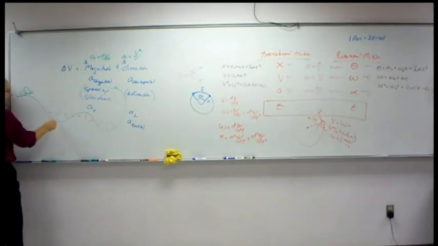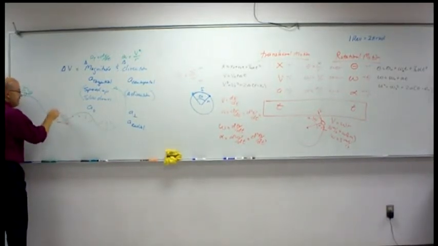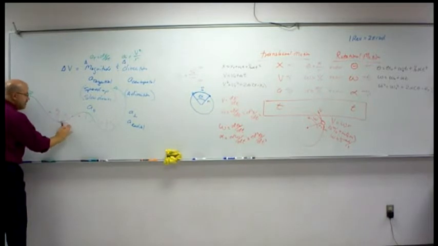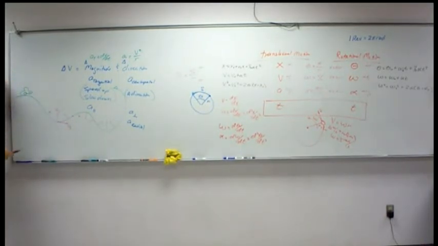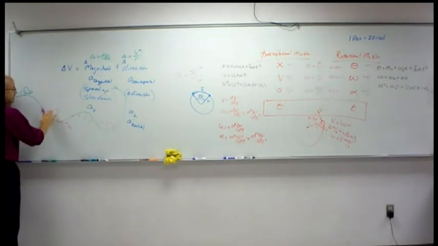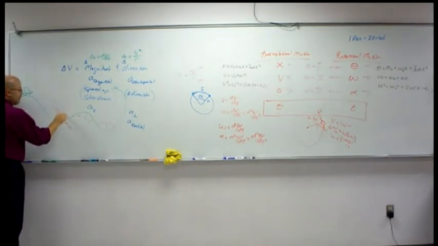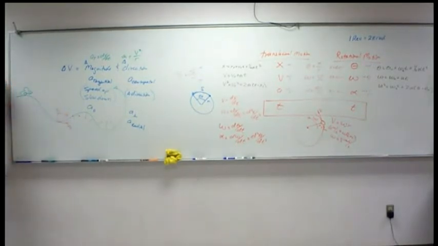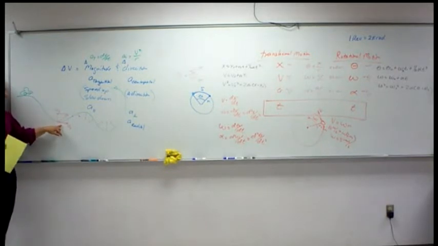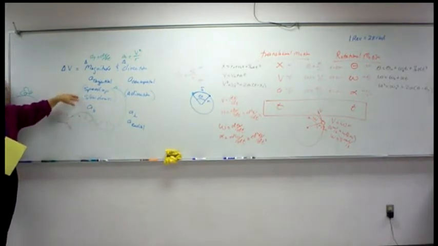Now here's the deal. What if I have acceleration like this? This is my centripetal, and this is my tangential. Then the total acceleration looks like this. What's this car doing? It is changing direction, and it is speeding up or slowing down?